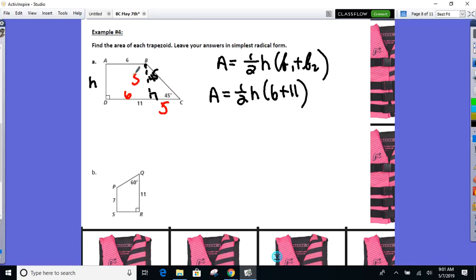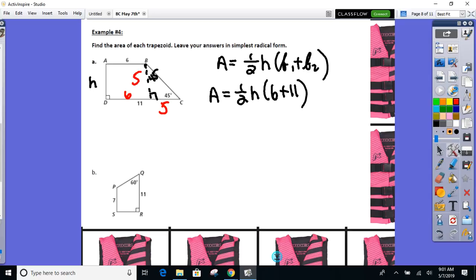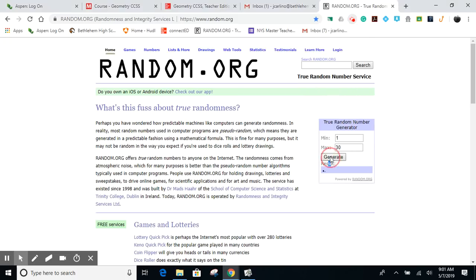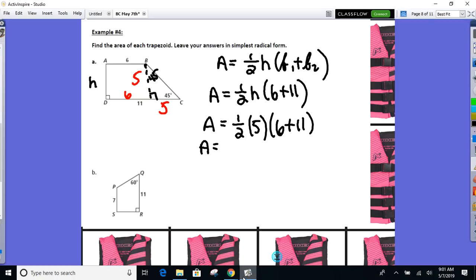So my height here will be 5. So I have 1/2, 5 for the height now, 6 plus 11. What do you have for the area here?